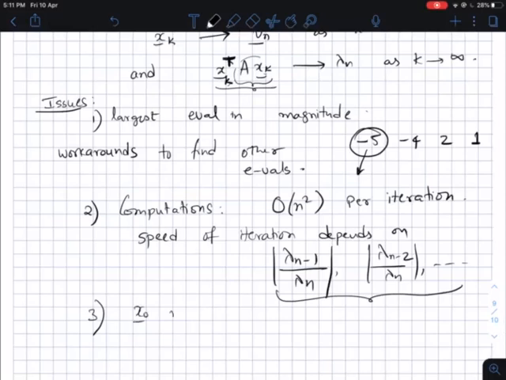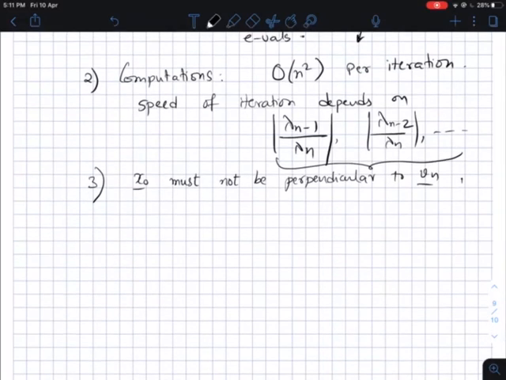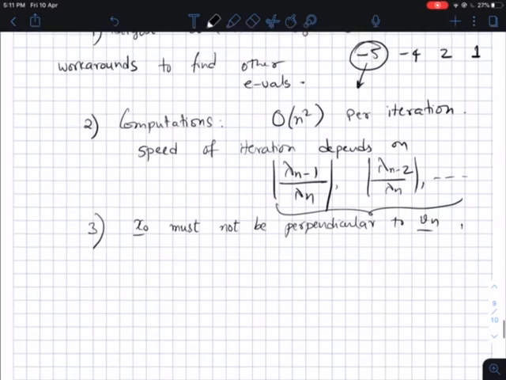In other words, x naught must not be perpendicular to Vn. So that's how you need to pick x naught. Often what you do is pick x naught randomly. If you pick a vector randomly, it's very likely that you will not end up picking something perpendicular to Vn. Okay, fine.